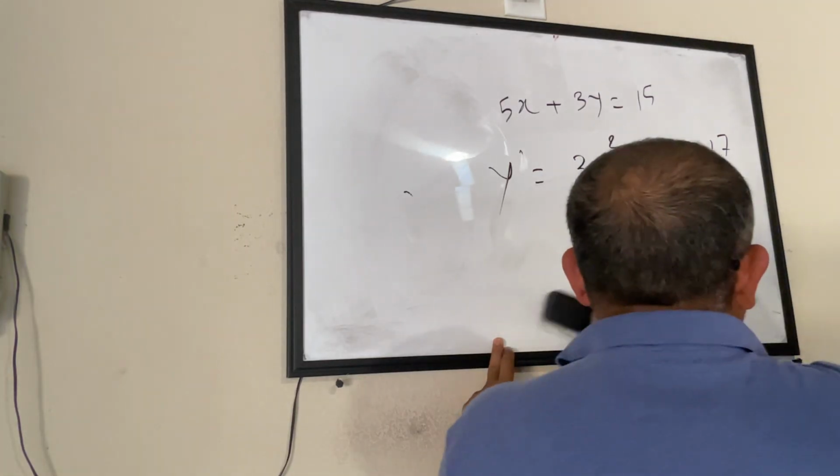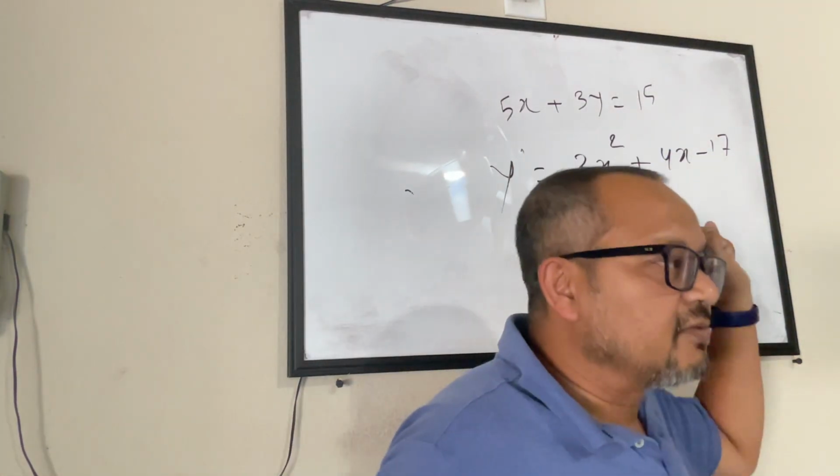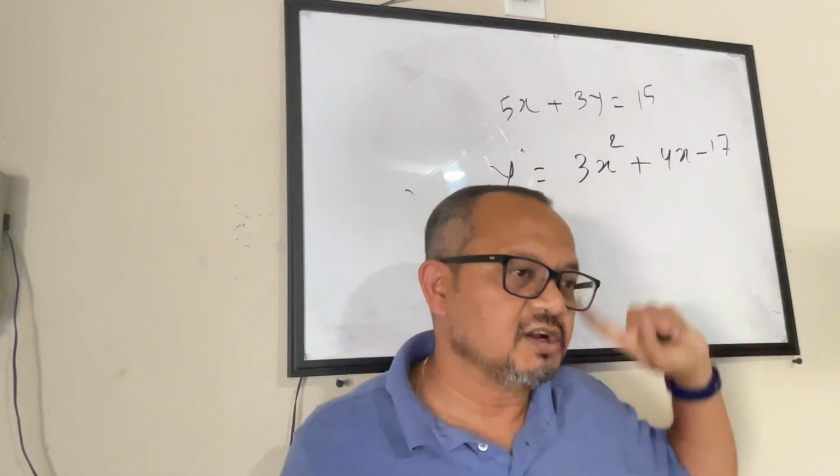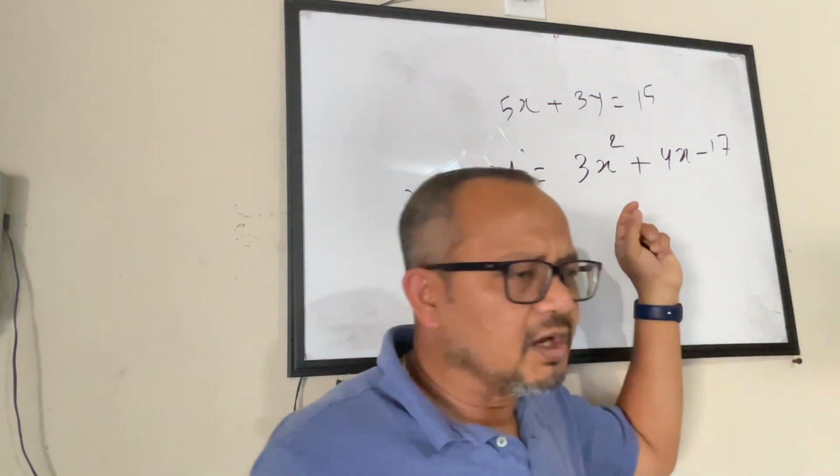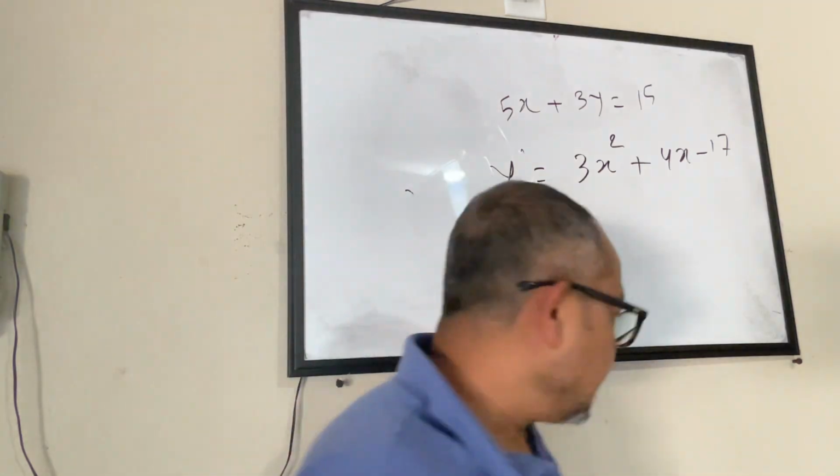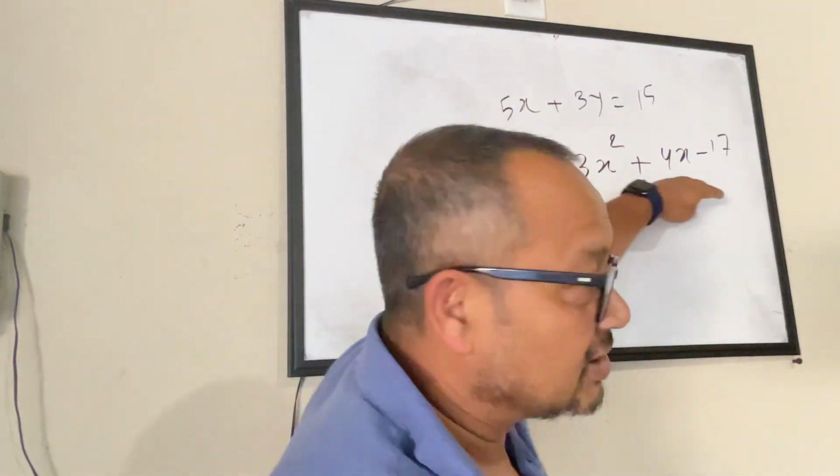Now, that is where we are going to do more of a post-mortem of this equation, which is called a quadratic equation or a quadratic function, whatever you call it. If I put it like this, this is called a quadratic equation.